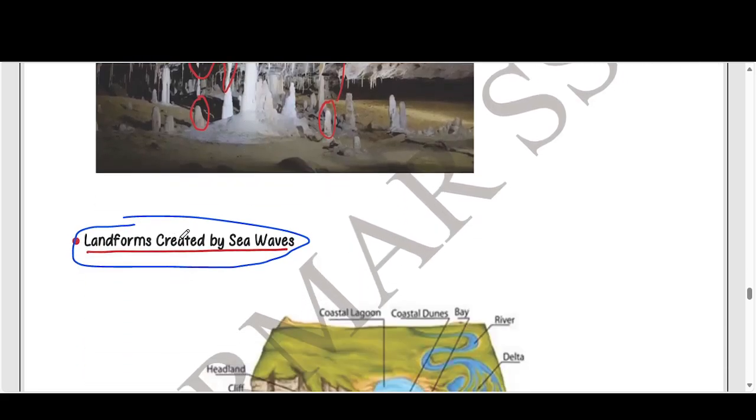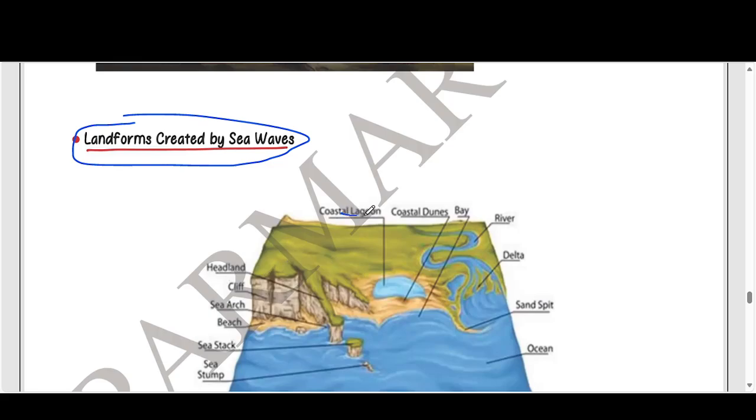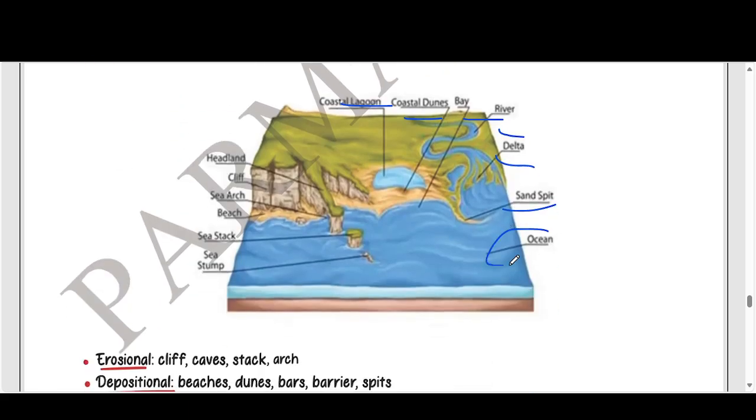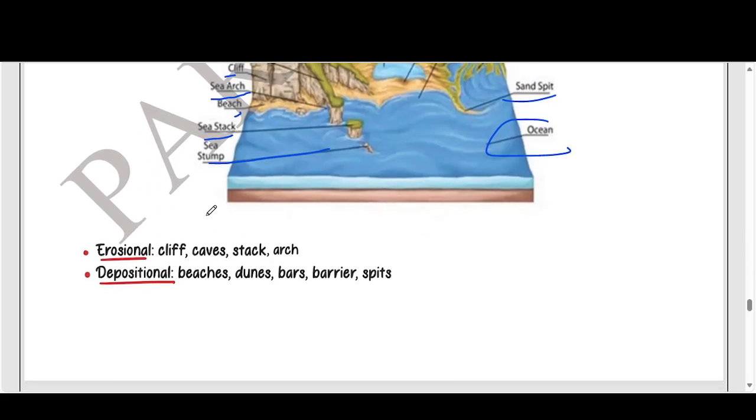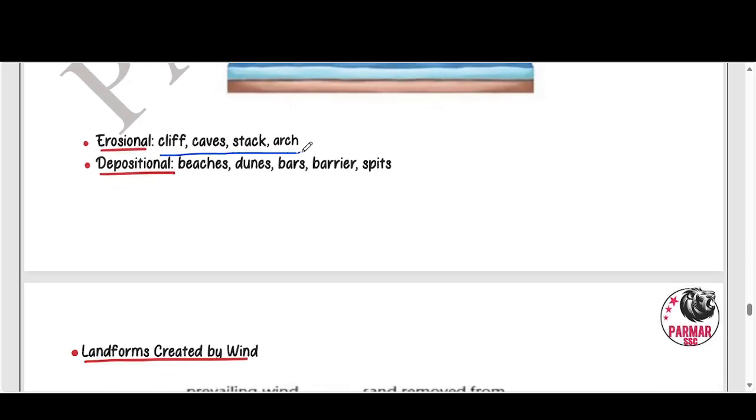Landforms created by sea waves: coastal lagoon, coastal dunes, bay, delta, spit, sea stack, beach, sea arch, cliff, headland. Erosional: cliff, cave, stack, arch.